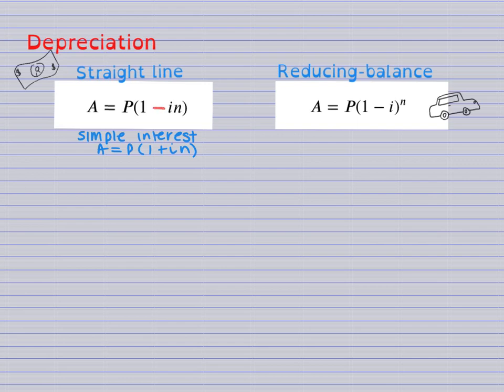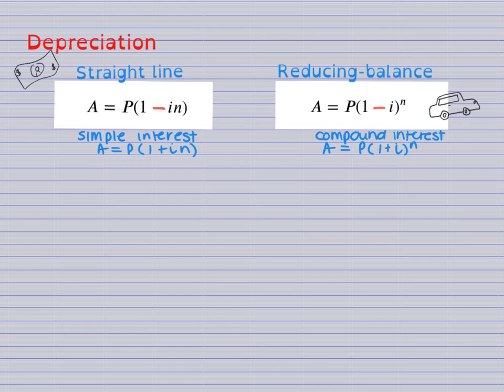And reducing balance looks awfully similar to the compound interest formula, and you would be correct. Because what was our compound interest formula, grade 12s? A equals P, 1 plus I to the power of N. So what's changed? That positive has just become a negative.